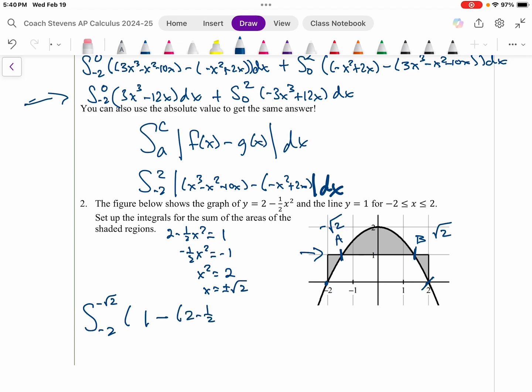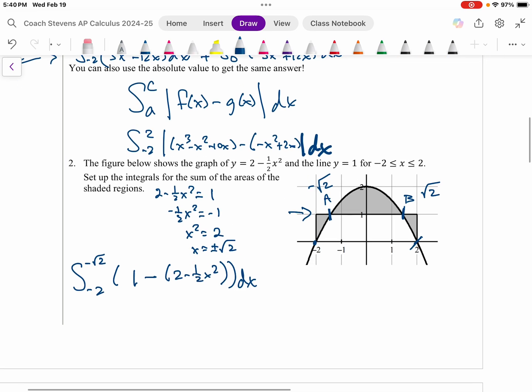And again, this is why I was trying to have you, in our lesson on the previous one, include the x-axis, so that when we came to this one, we'd be okay. So there's the first integral. Now I go plus the integral from -√2 to positive √2. The quadratic function is on top, so 2 minus 1/2 x squared minus the horizontal line, which is 1, and then dx.